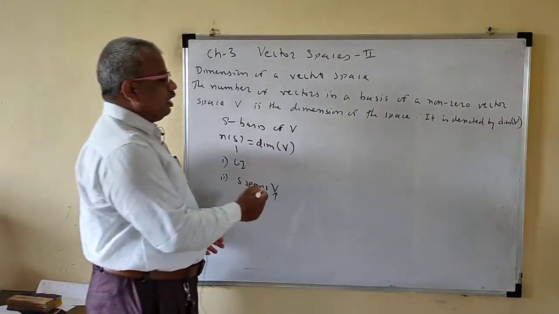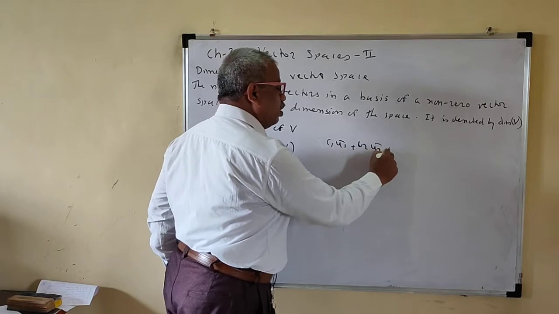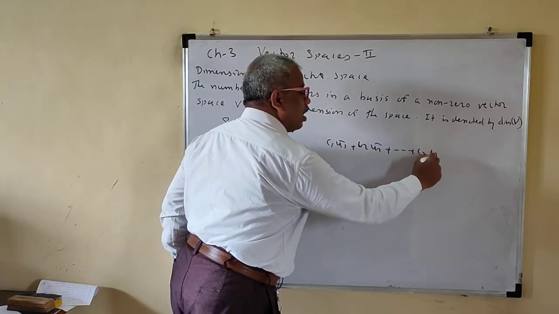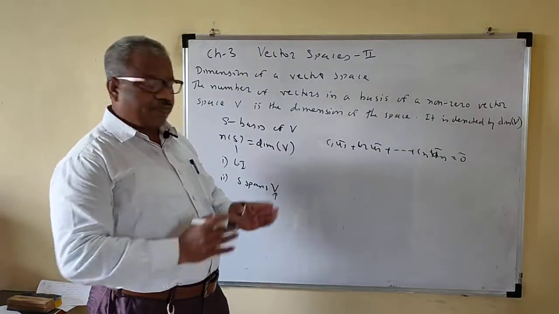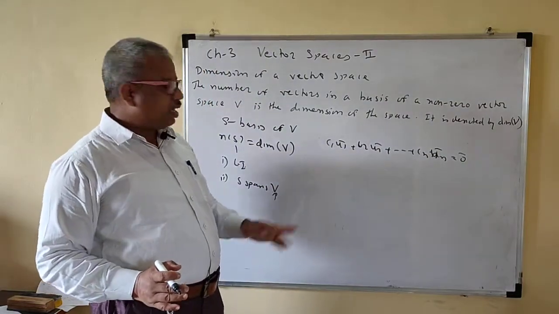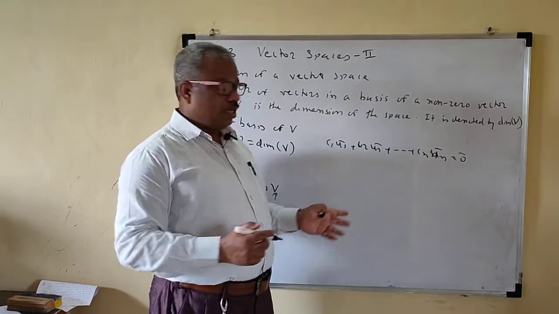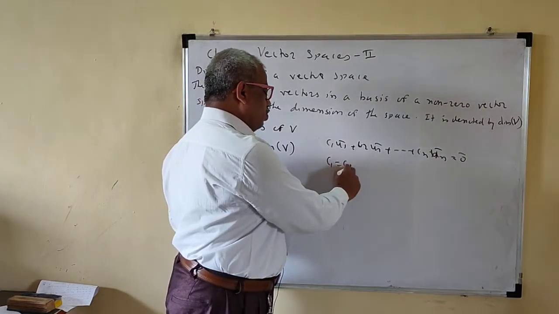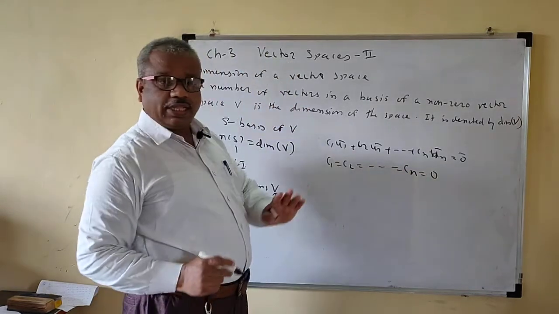How to prove linear independence? You have to take c1 u1 bar plus c2 u2 bar plus dot dot dot plus cn un bar equal to 0 bar. How do we check whether vectors are linearly independent or dependent? Take the linear combination as the zero vector and find the values of the scalars. If all scalars are 0, then the vectors are linearly independent.